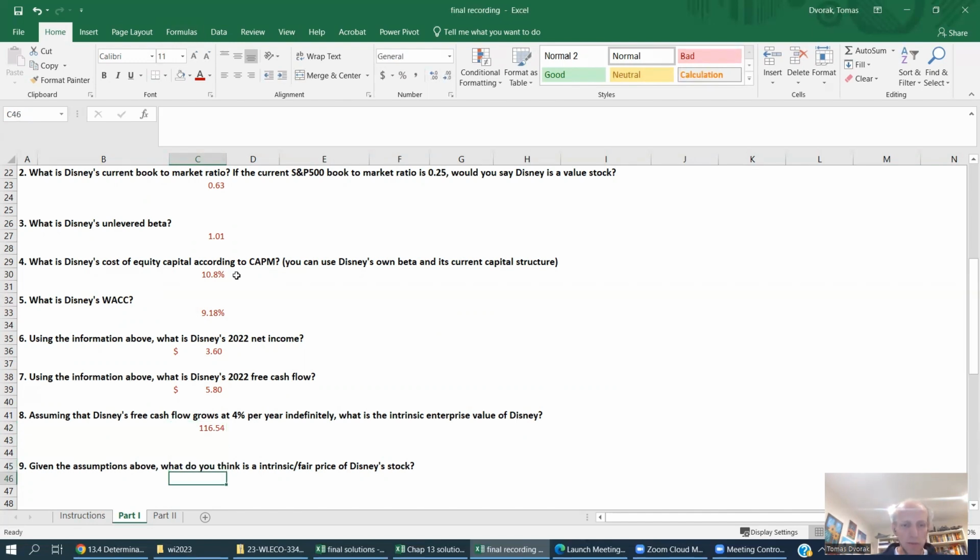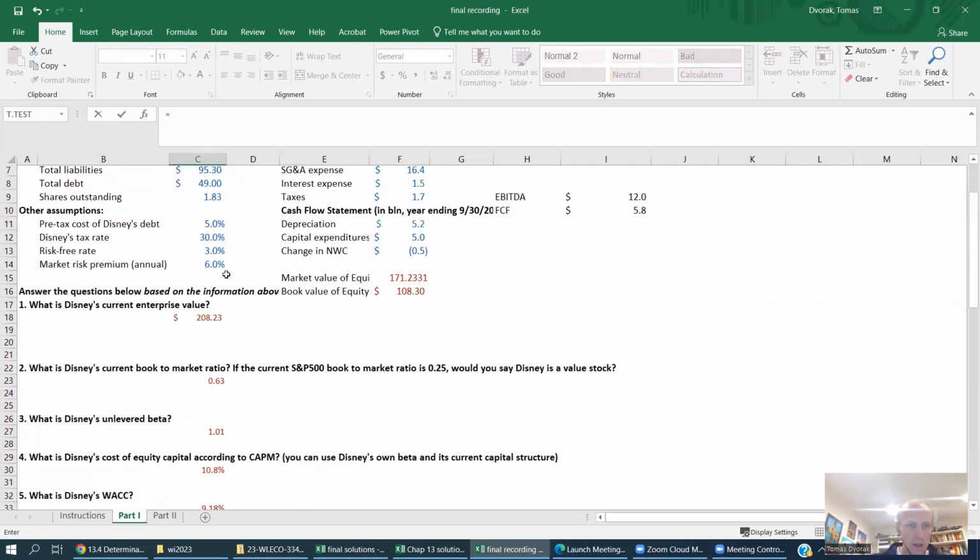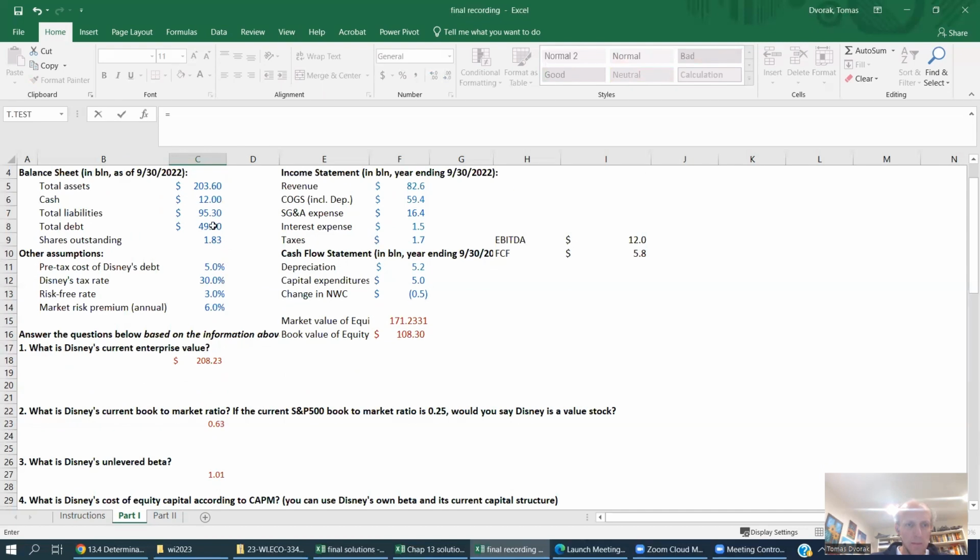Given the assumptions above, what do you think is the intrinsic fair stock price? So let's do the intrinsic EV, which is this guy here. Let's do net debt, which is total debt minus cash.